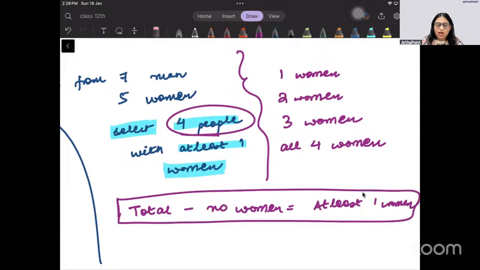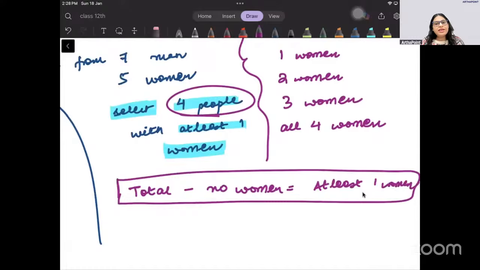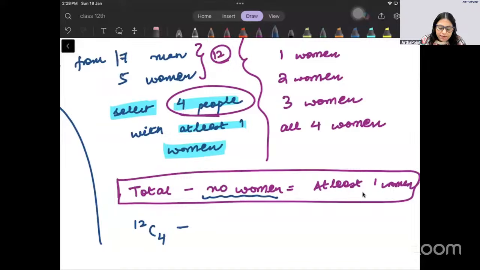So what are the total number of ways in which I can make a selection of 4 people? Bhai, total people are 12 na. 7 plus 5, there are 12 people. So out of 12, I need to select 4. 12C4. And now I don't need any woman. माने सिर्फ men में से मुझे 4 select करने पड़ेंगे. I don't need any women.